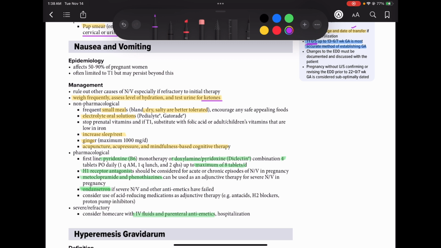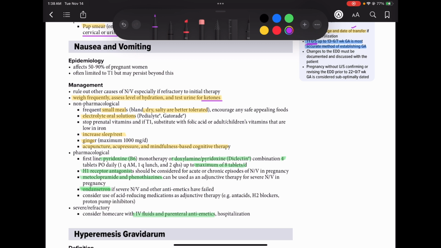We can tell them to have frequent but smaller meals. Bland, dry, salty foods are better tolerated. We have to replenish their electrolytes with oral electrolyte solutions like Gatorade. We can also ask them to increase their sleep and take some rest. We can also ask them to have some ginger, which might relieve nausea. And then acupuncture, acupressure, and mindfulness-based cognitive therapies.